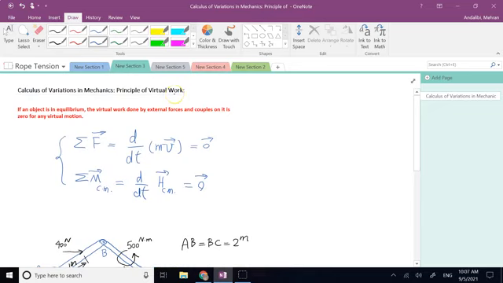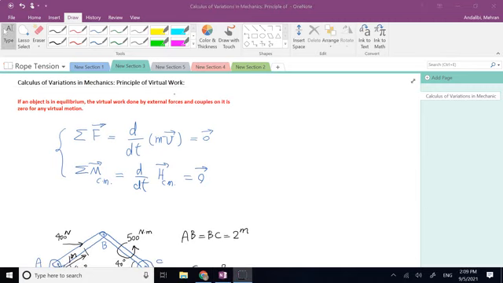It says if a system or object is at equilibrium, the virtual work done by all external forces and couples on it is 0 for any virtual motion, and motion means translation or rotation. Now, first of all, why is it that it says virtual work? Well, the reason is the system is at equilibrium.